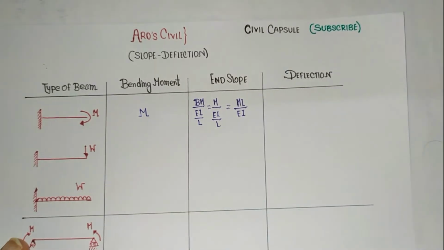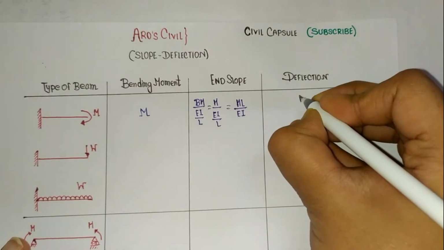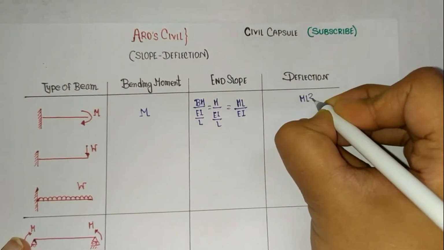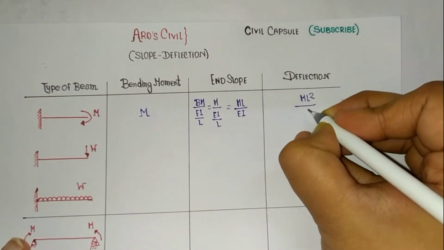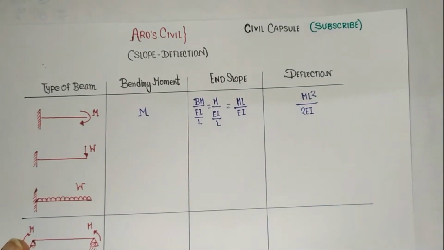This is the value for slope. And the value for deflection is M L square by 2 EI. This is the value for deflection.